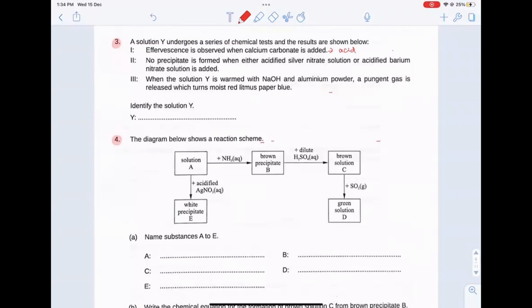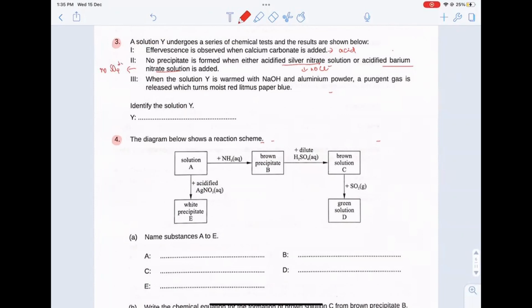Next, number 2, no precipitate is formed when either acidified silver nitrate solution or acidified barium nitrate solution is added. So over here, it means no Cl-. And when there is no precipitate formed when you add acidified barium nitrate, that means no sulfate either.